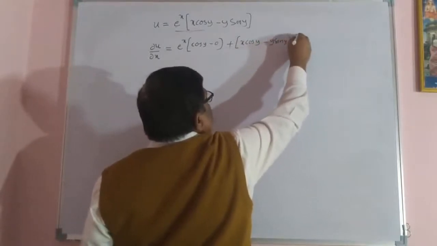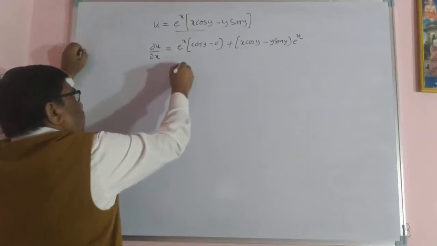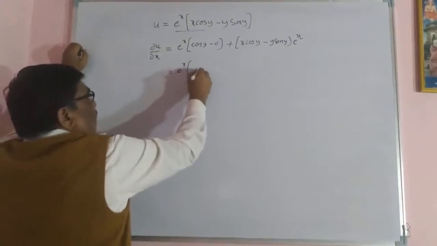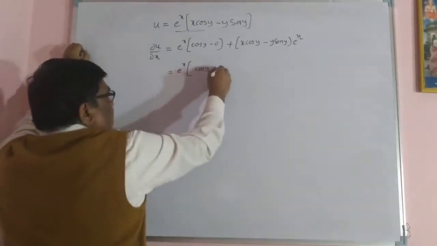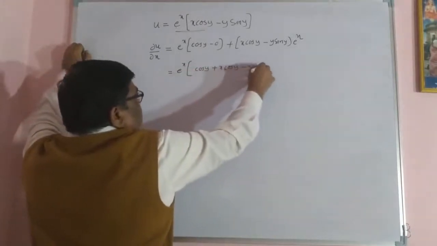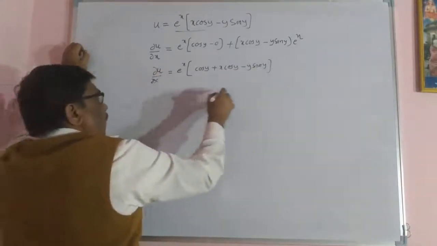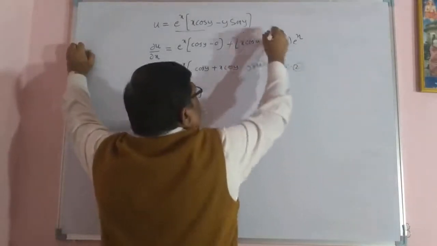E raised to x is taken common: e raised to x into cos y plus x cos y minus y sin y. This is dou u by dou x. Call it equation number 2.